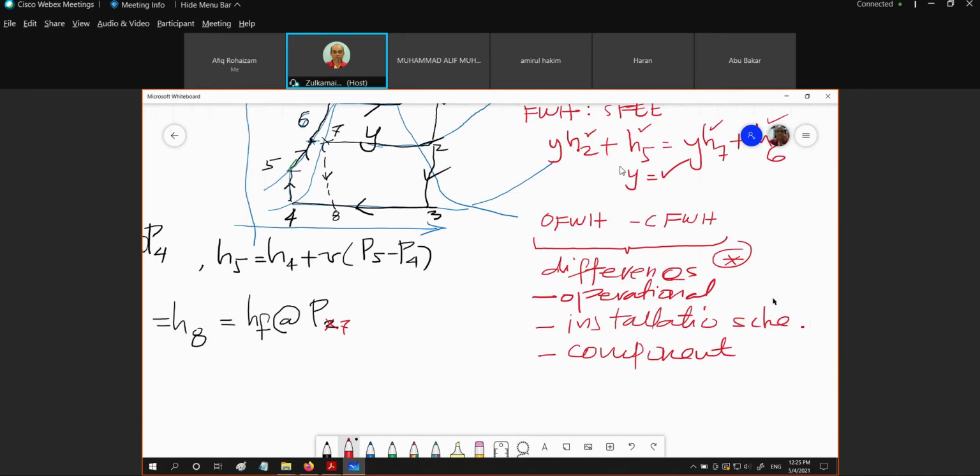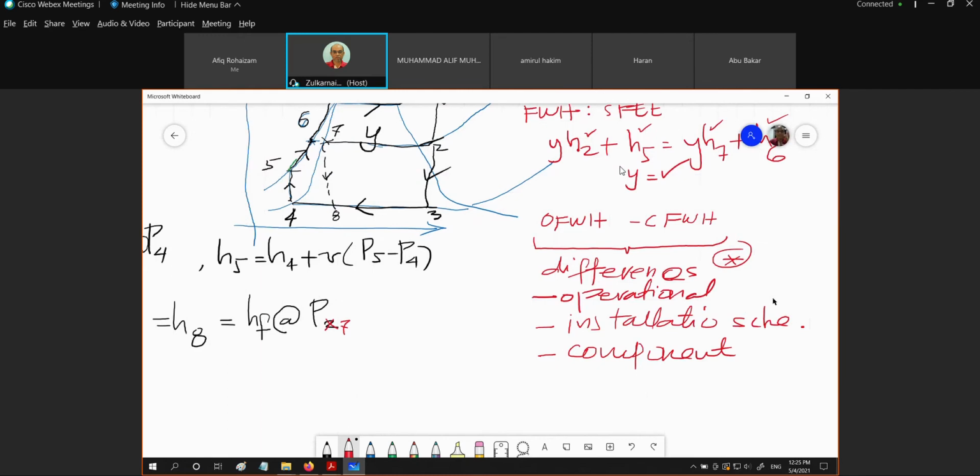Like I said before, an open feed water heater must work in between 2 pumps. For the closed type feed water heater, we only need 1 pump, but we need an extra component, which is the throttle valve. You may discuss why we need the throttle valve.